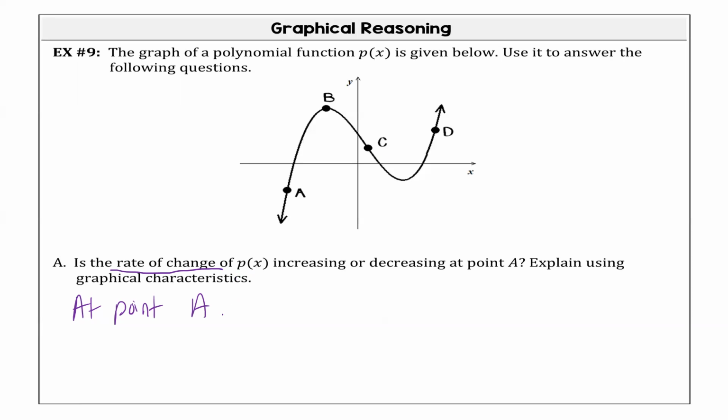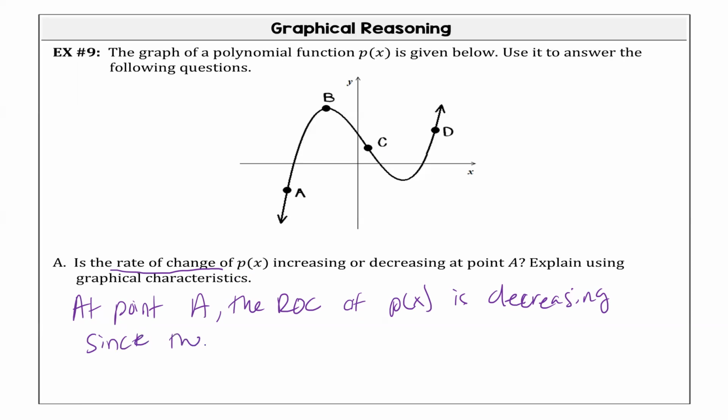So here at point A, your rate of change, your ROC of P of X is decreasing, since the graph is concave down.